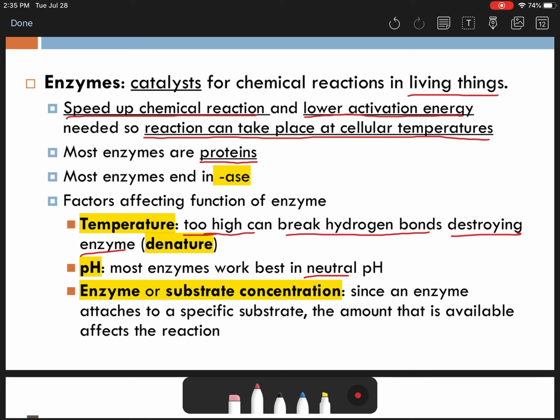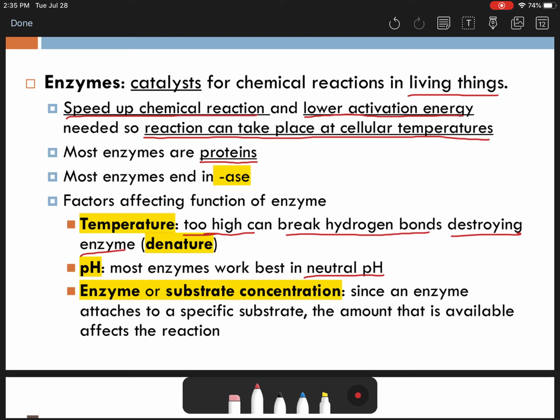With pH, most enzymes work best with a neutral pH. So if it gets too acidic, too low of a pH, or too basic, too high of a pH, that's going to destroy the enzyme and not make it work anymore. The exception to that would be pepsin. You have pepsin as an enzyme that's found in your stomach.